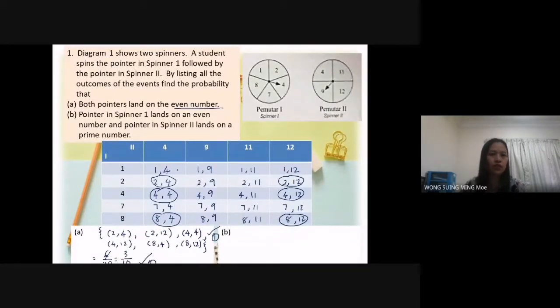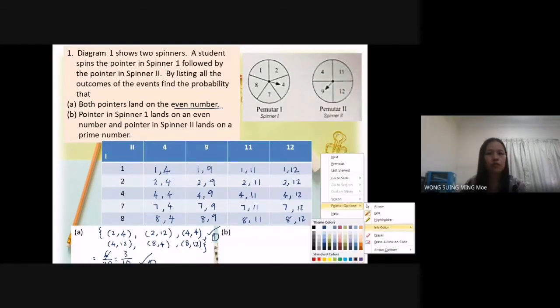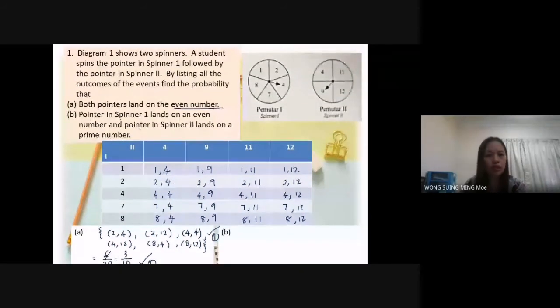Okay, now B: pointer in spinner 1 lands on an even number and pointer in spinner 2 lands on a prime number. The keyword is 'and', which means you need to find even number and prime number.